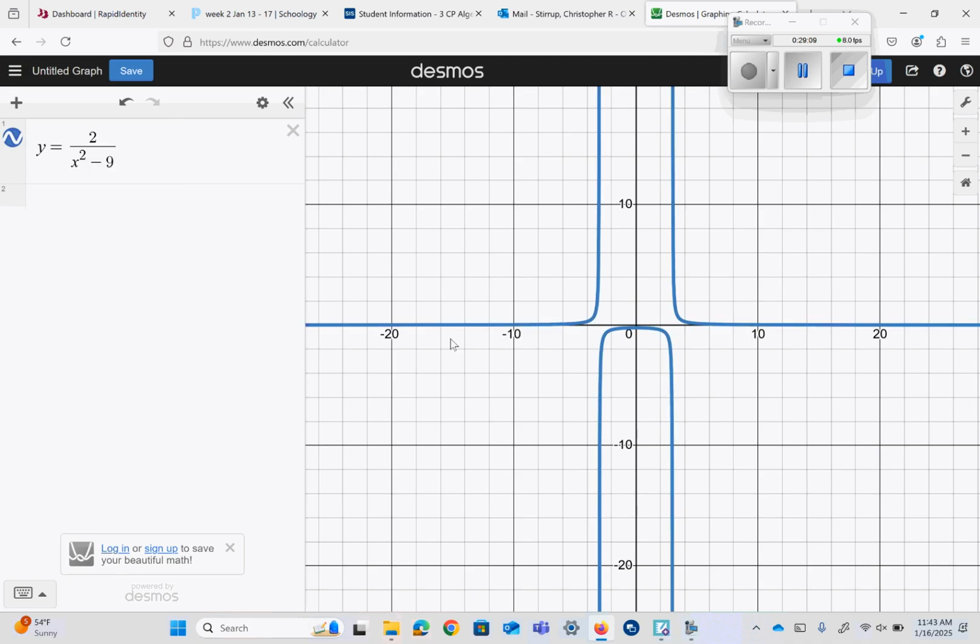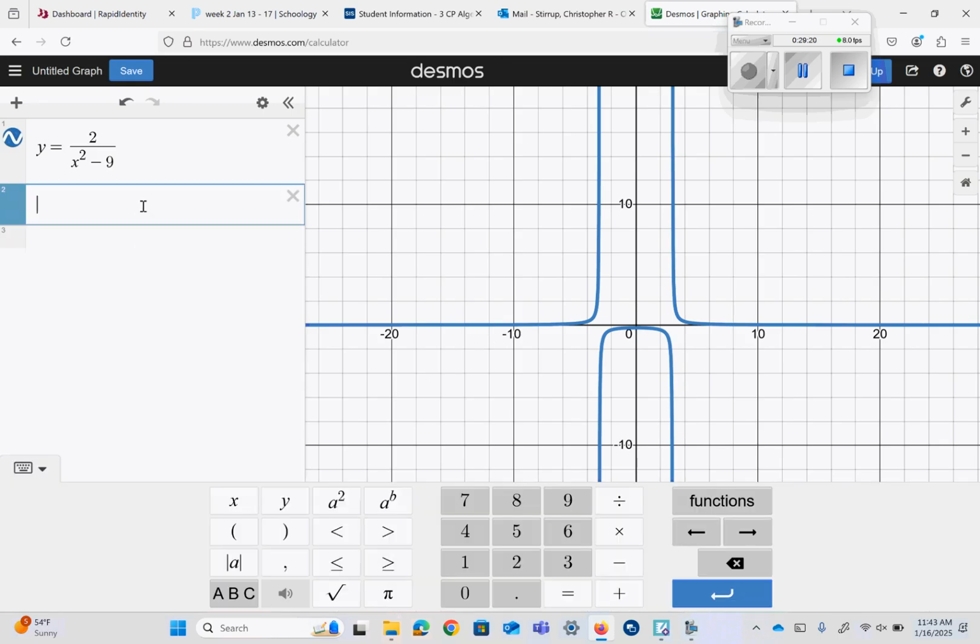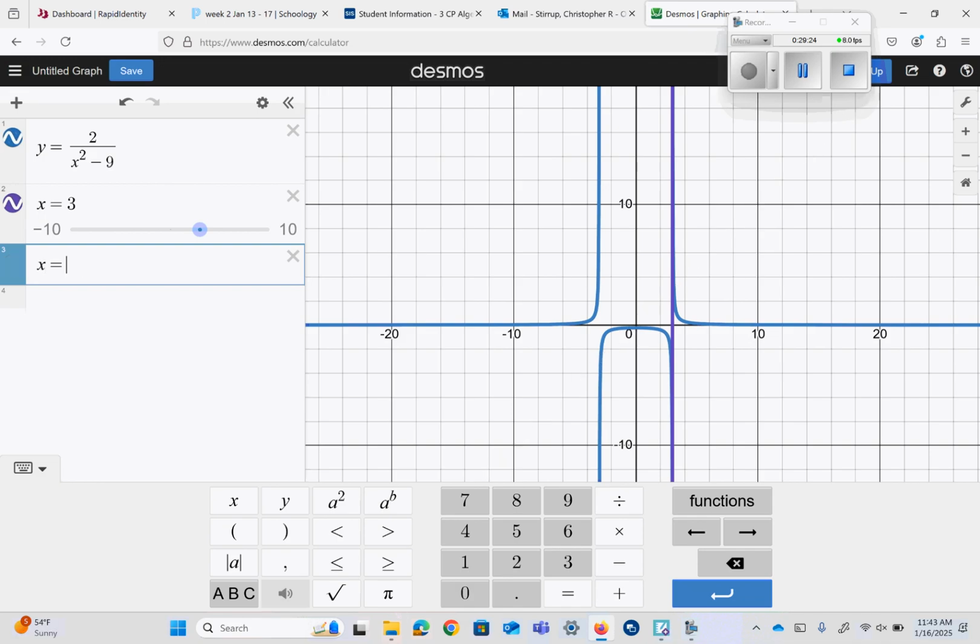The values that would make this denominator 0 are +3 and -3. If I looked at the lines x equals 3 and x equals -3, those vertical lines don't exist as far as the problem goes. Those are the undefined terms.